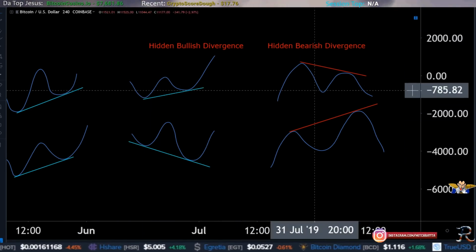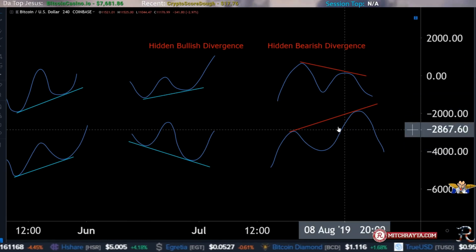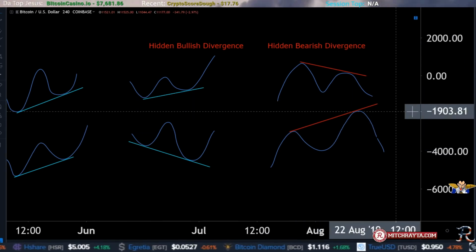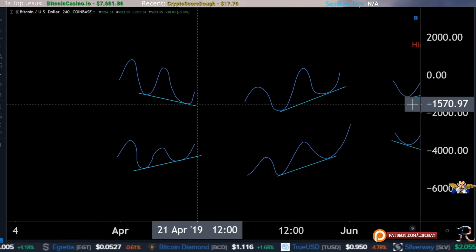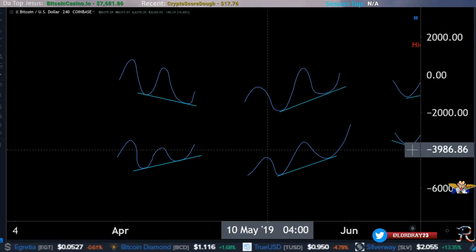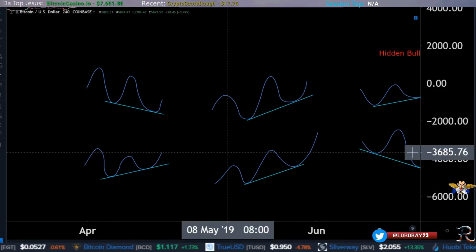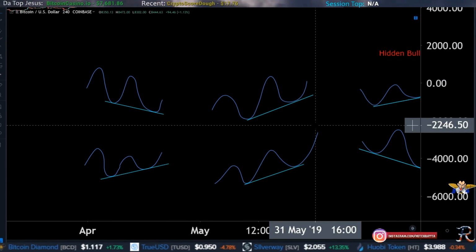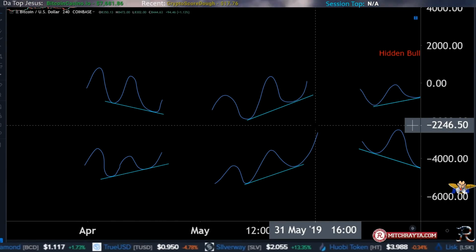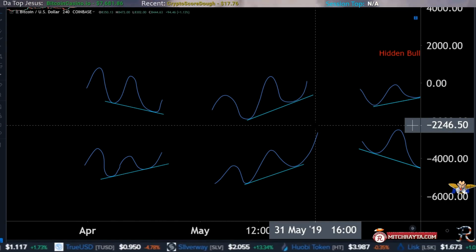Hidden bearish divergence is a lower low on price with a higher level of relative strength or momentum. And here's just classic bullish divergence, and then here's convergence. I've done other education segments where we go over all the different forms of bullish divergence.